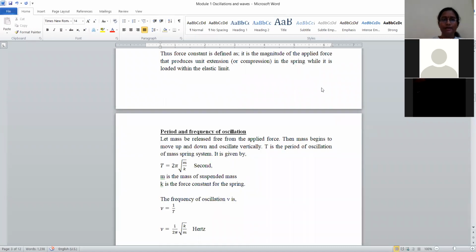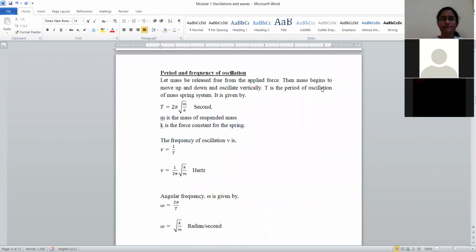Now, what is the period and frequency of oscillation? Time period is the time required for a complete oscillation. So let the mass be suspended and released, free from the applied force.